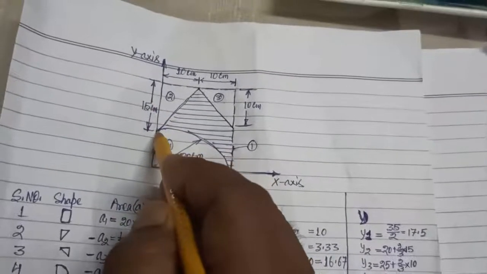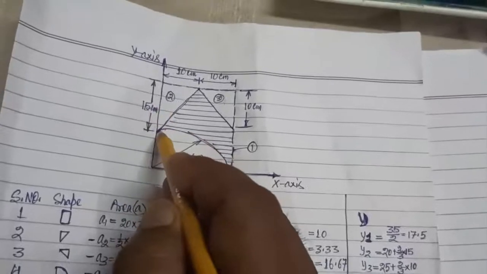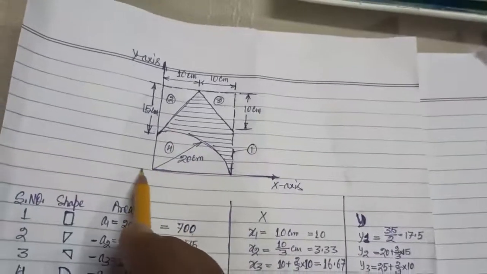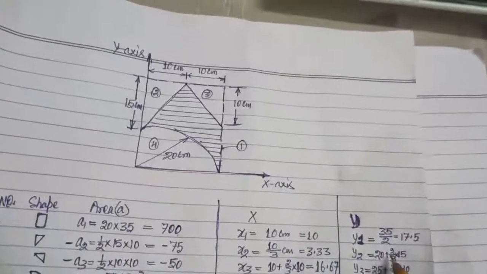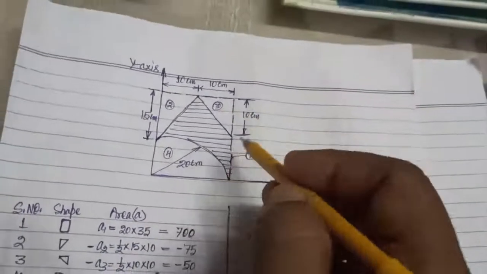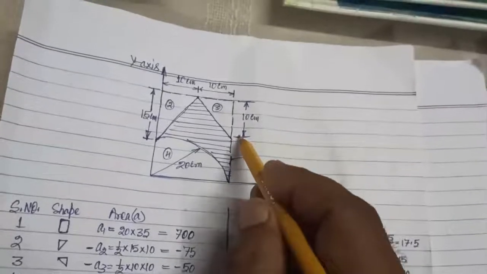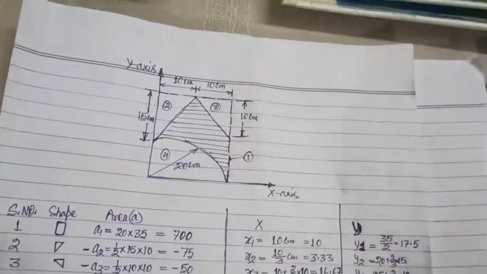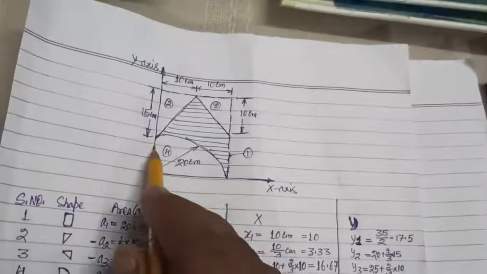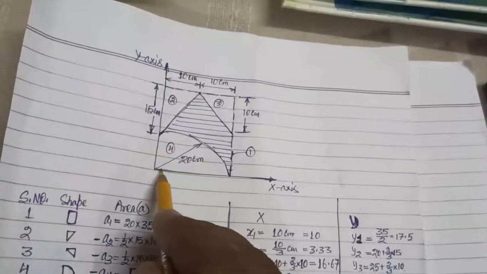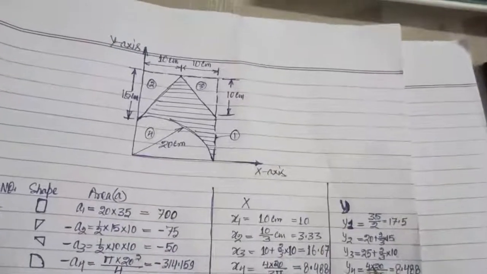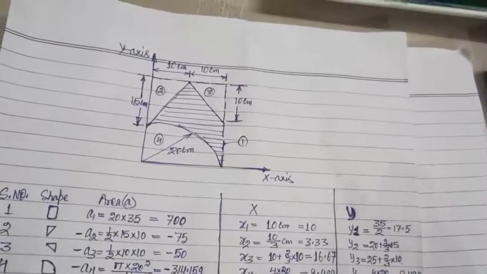So 20 plus 2 by 3 of 15. Similarly for this triangle, this is 25, so 25 plus 2 by 3 of 10. Similarly for this quadrant, it is 4r by 3 pi again, 8.488.